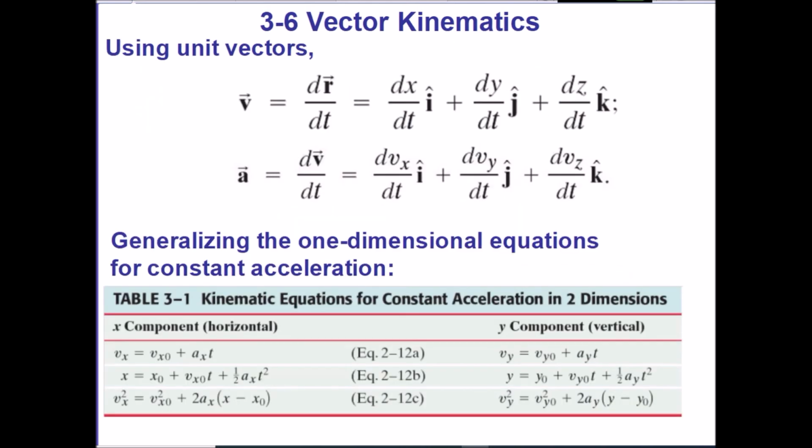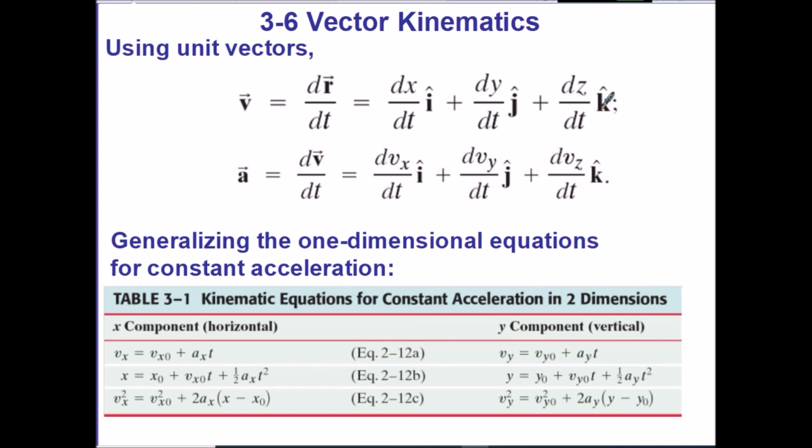Now, before I finish up this video, I just want to talk a little bit about how we might use unit vectors to describe both instantaneous velocity and instantaneous acceleration. It looks pretty complicated, but realize that any object moving in whatever kind of path that we'd like can be thought of as having some instantaneous rates of change in position that are pointed along the i hat, j hat, or k hat directions independently.